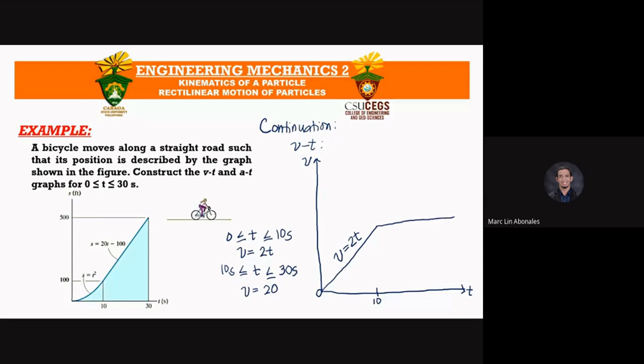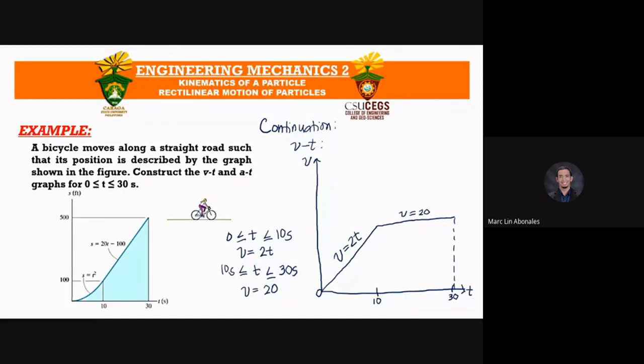So this is V is equal to 20, then that is until the time na 30 seconds. Sometimes we enclose it with a dashed line. And atong na-form here sa atong graph is the VT graph nato.